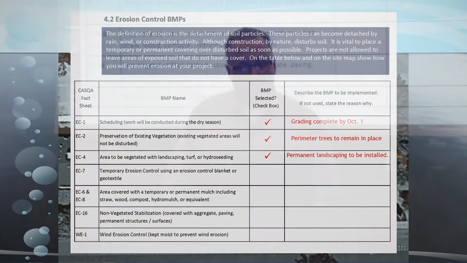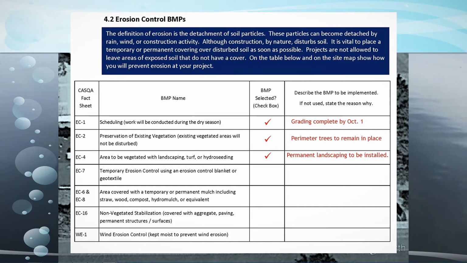EC4, area to be vegetated with landscaping, turf, or hydroseeding. And well, yes, it's a small home that's being put in there, and before they're done, it will have permanent landscaping to be installed. Temporary erosion controls, this is EC7, using an erosion control blanket or geotextile. Will that be used?